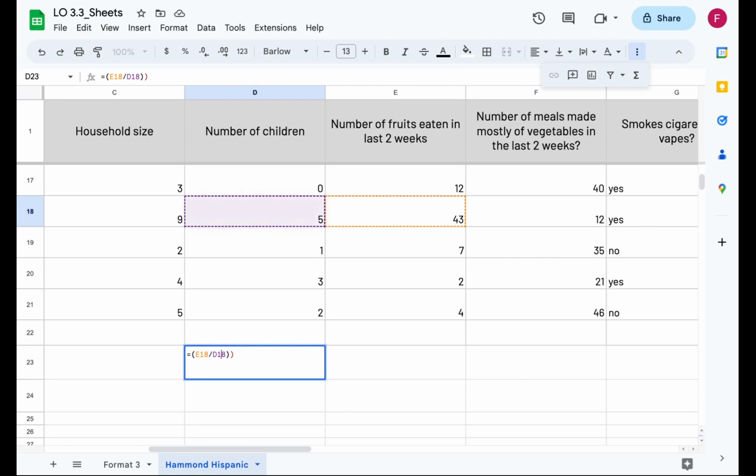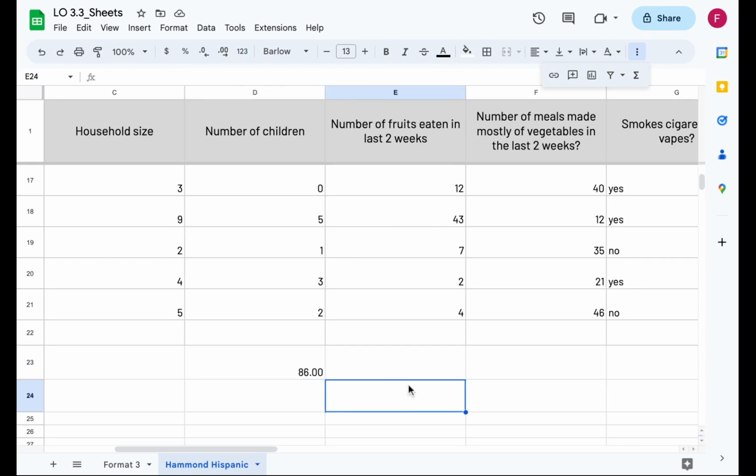Remember, you have to close the bracket, and it is divided by 0.1. So that is 86% of the children eating this 43 fruits, more or less. If we were making the assumption that everybody is getting it, that's 86%.